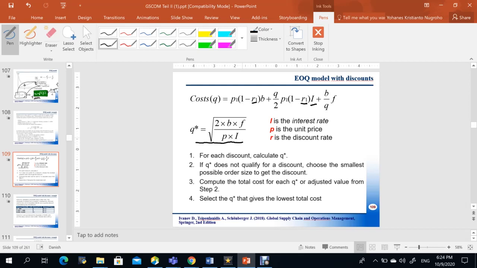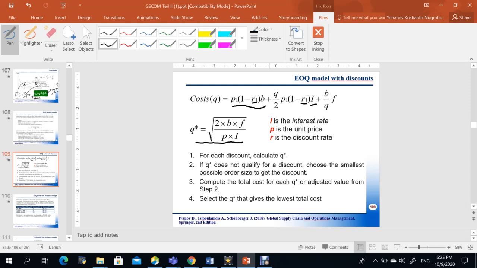And according to the previous economic order quantity model, in order to find Q star, we exclude the purchase cost from calculation. And then in order to find at what quantity we need to order with regard to some discounts that are available, for each discount, we need to calculate Q star.